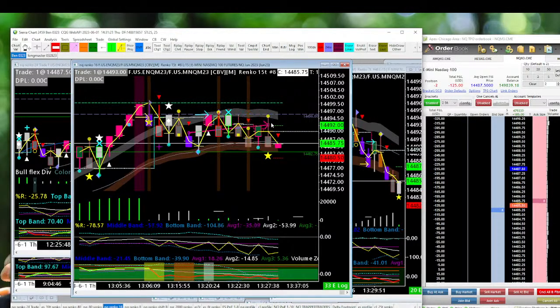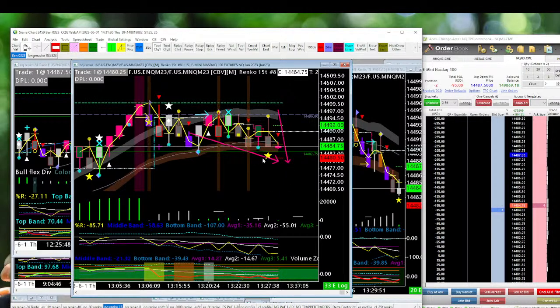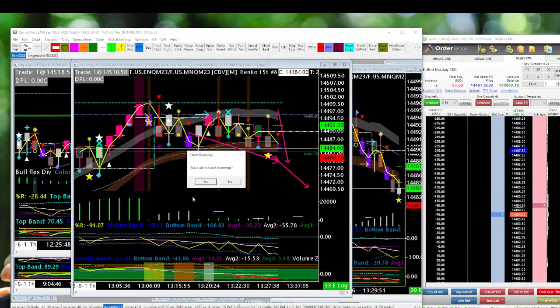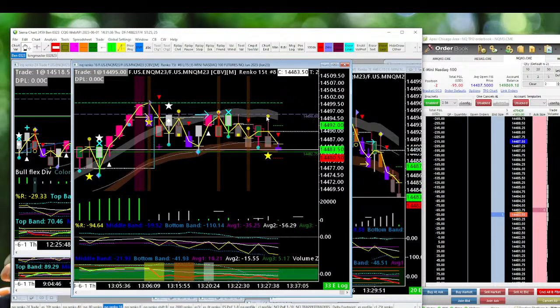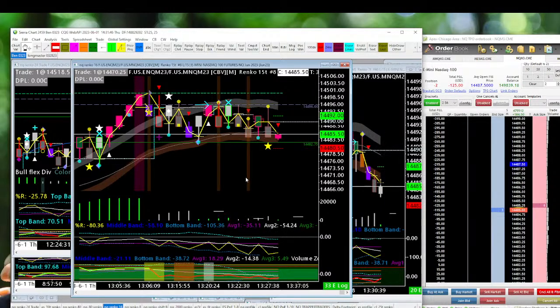I'd prefer to be getting involved selling up here, because then you could take profits here, which is a natural move. The move I'm trying to get is a little bit unnatural. So the better sell would have been here, but I didn't see it until after that, so nothing I can do about it.